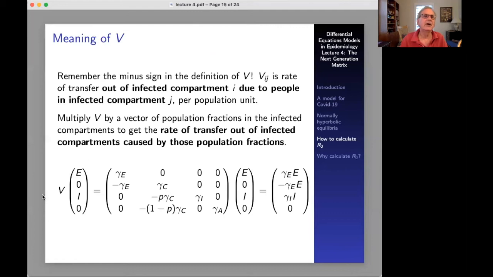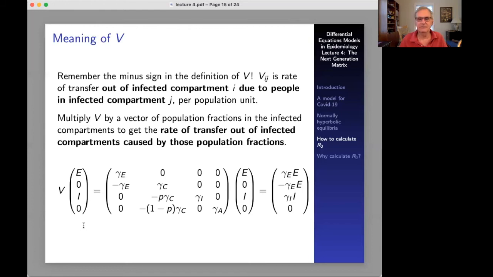If you multiply V by a vector of population fractions in the infected compartments, what you will get is the rate of transfer out of infected compartments caused by those population fractions. Very similar to the definition of F.